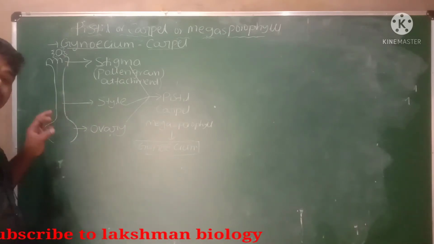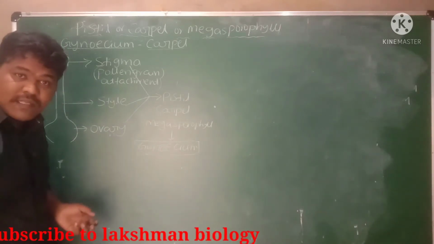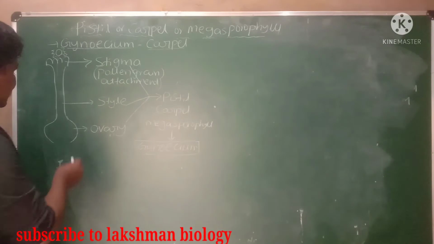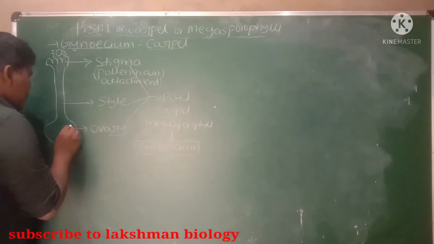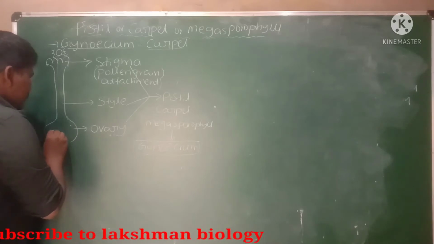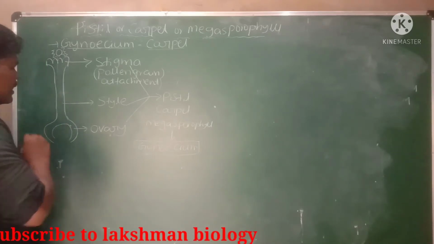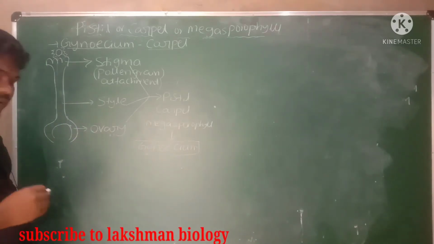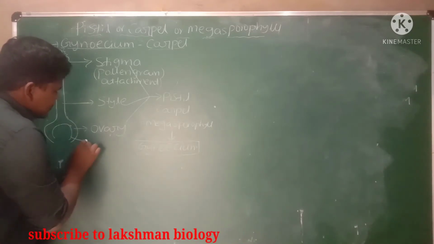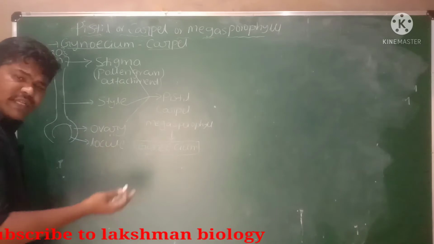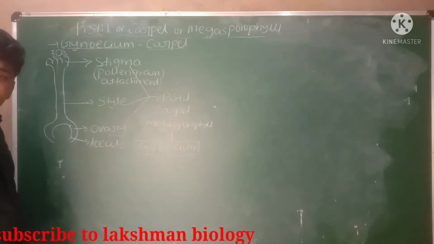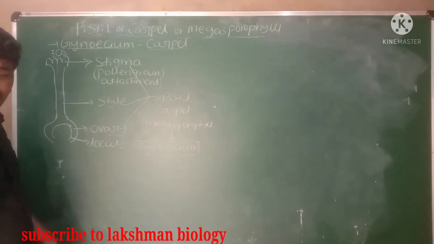Then what is present inside the ovary, that also we have to see. Inside the ovary we can see locules. One or more than one chambers are present in the ovary. Each chamber is called locule. Few types of ovary contain a single locule, that are monolocular.